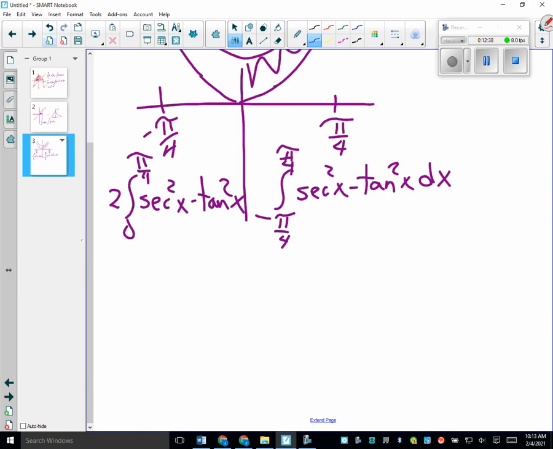Okay, I'm doing this one. All right, I'm doing the one on the left.